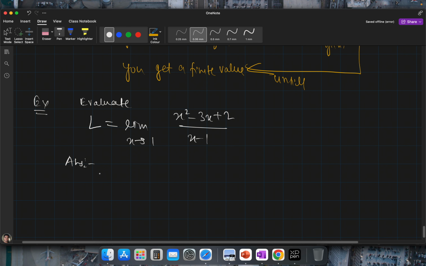What is the answer? Minus 1. Yes, it's correct.